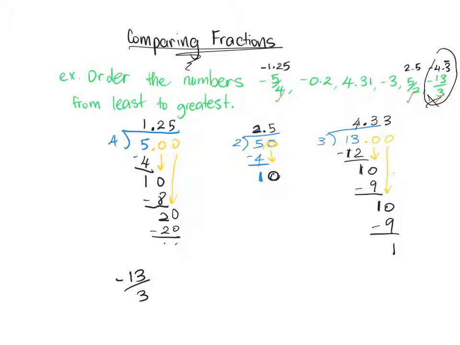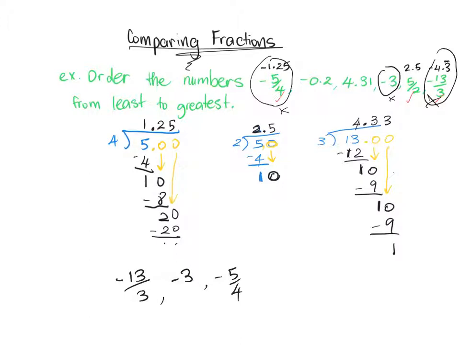All right. So then you want to move on to the next most negative number, and the next most negative number here is our negative 3. So I'm going to go ahead and cross that one off, and we're going to keep going. The next most negative number is our first number on the original list, this guy right here. And so I'm going to write that down as negative 5 over 4.